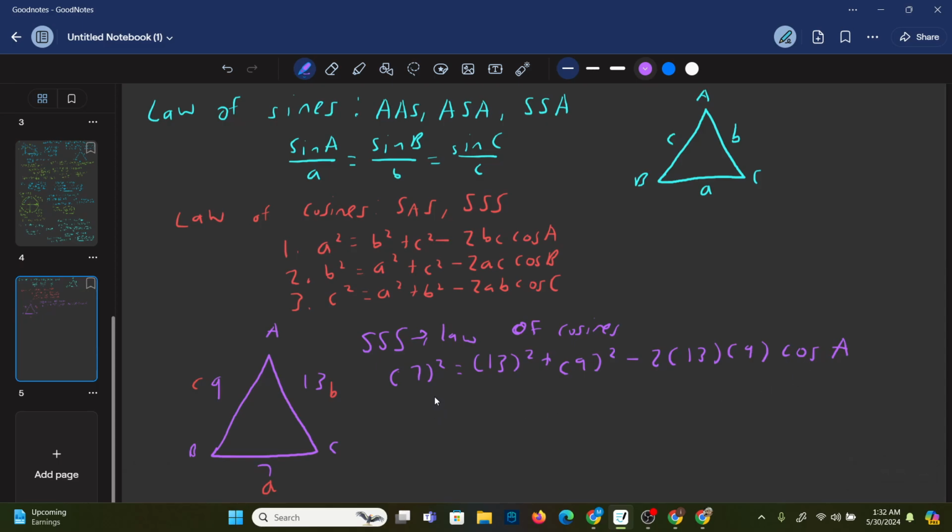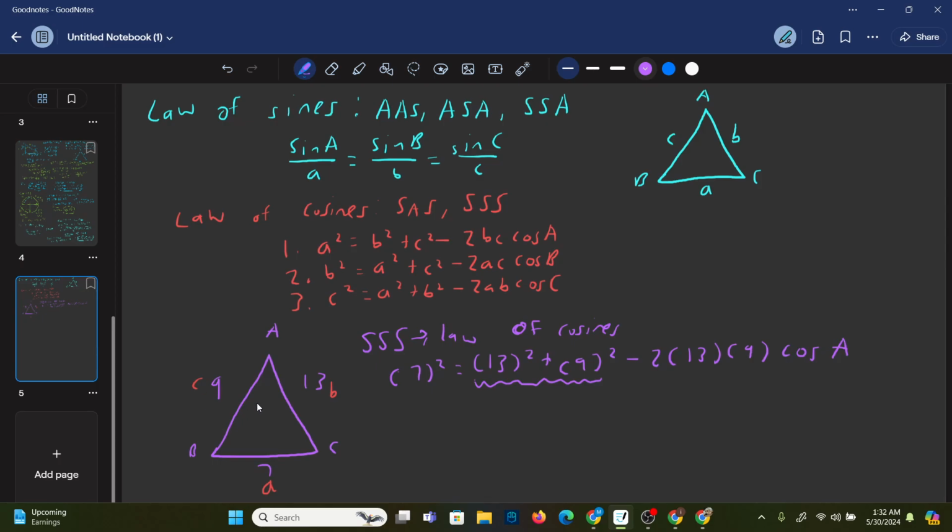So we just simplify this a little bit. Remember, we only simplify this side. We don't do this side because this part is multiplied with cos A, so we can't combine this.